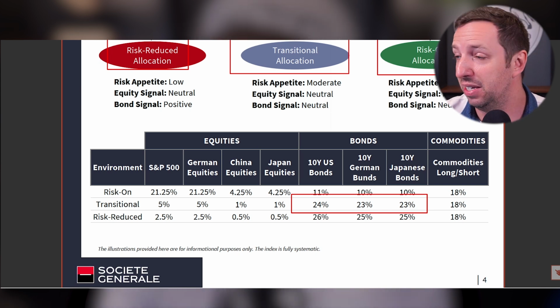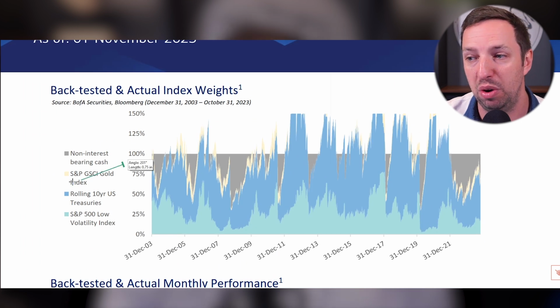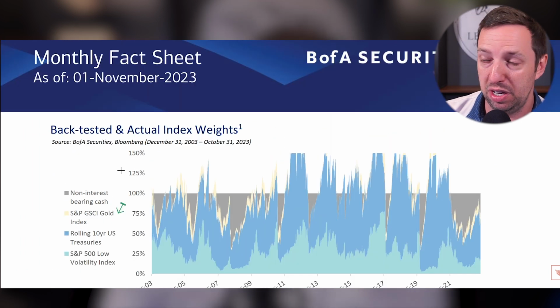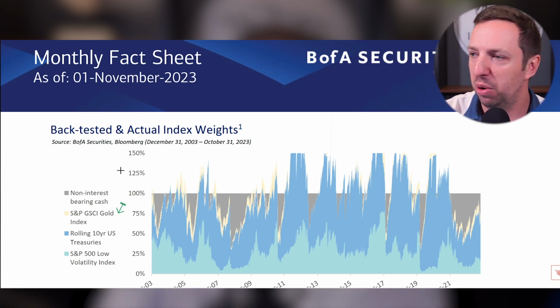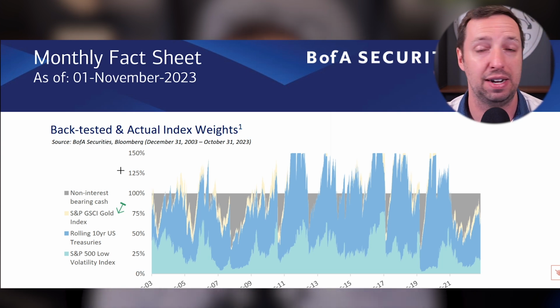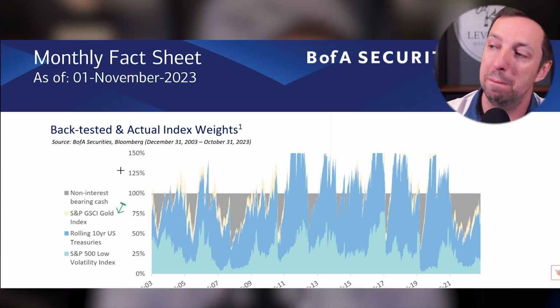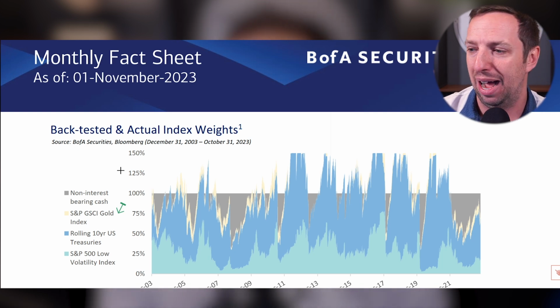At the same time, this index is maybe one of the only ones that's going to give you a gold allocation in the form of the Bank of America. Now, there's others that have some gold allocations, but there's no other product out there that's going to combine the type of diversification that we see here, and I like that. The problem is most of these accounts are weighted into bonds right now, and so I don't see how they're going to perform long-term in a rising interest rate environment.